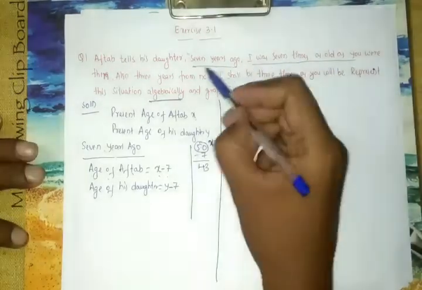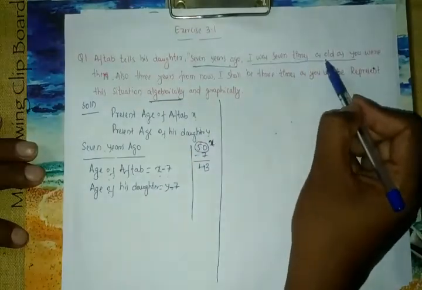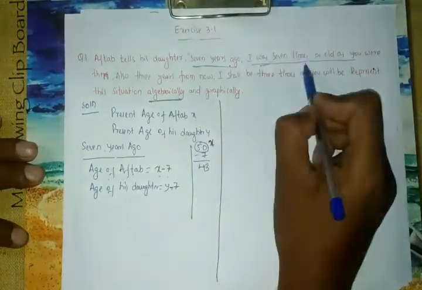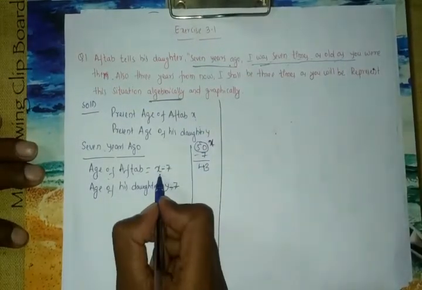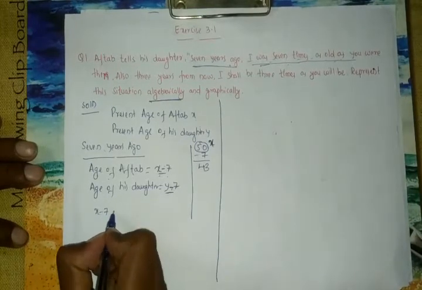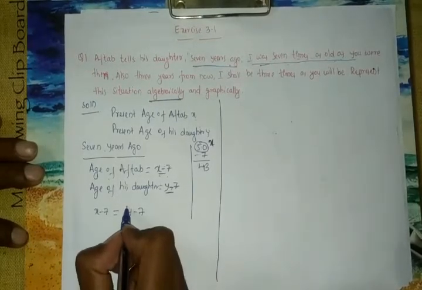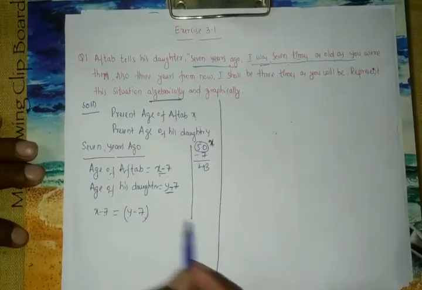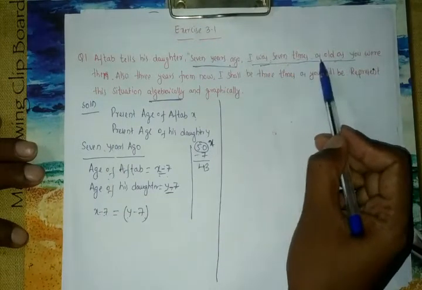So 7 years ago we have represented: I was 7 times as old as you were, which means Aftab was 7 times as old as his daughter.